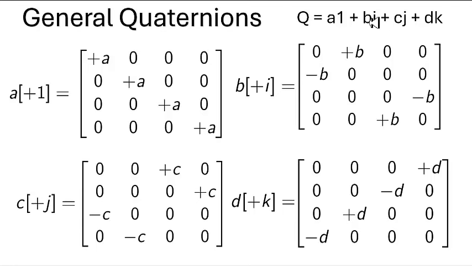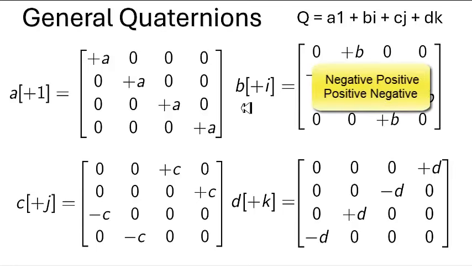And of course, when you take the real value B here and multiply it by the positive I matrix, you're going to get B's in these locations here. So let's say if B is positive, then it's going to be positive B, negative B, negative B, positive B. But if B is negative, then a negative times a positive is negative, so this is going to be negative, positive, negative, positive.